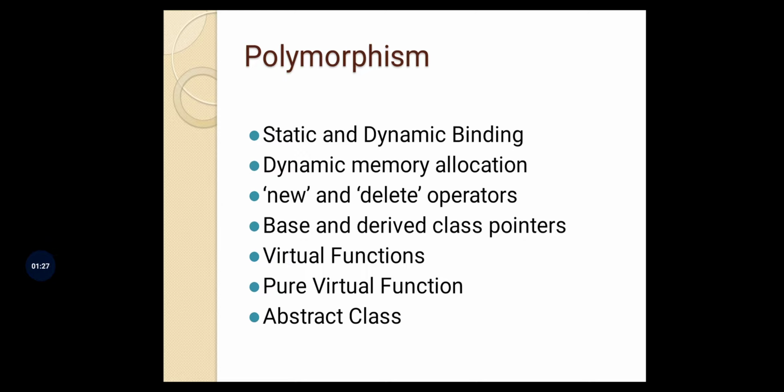Let me briefly go through what we are going to cover in this chapter. First, I will introduce you to static and dynamic binding. We will talk about dynamic memory allocation after that. You must be aware of dynamic memory allocation because you must have done it in C. In C, there are methods by which you can dynamically allocate memory, calloc and malloc.